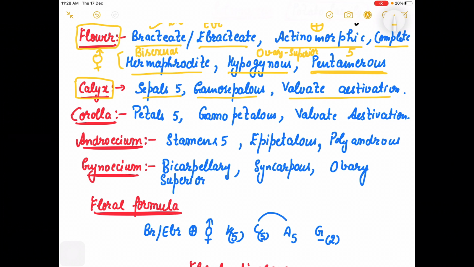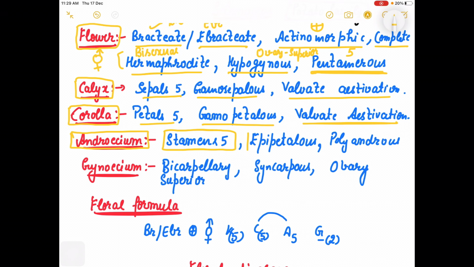Estivation, it is showing valvate estivation. Corolla, pentamerous, petals are 5, again these petals are fused, so gamopetalous. Estivation is valvate estivation.